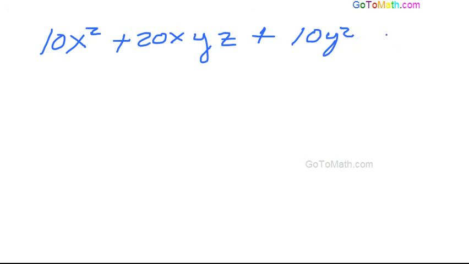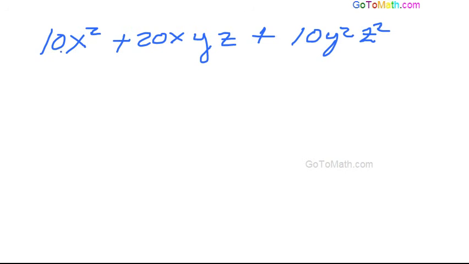So we have 10x squared plus 20xyz plus, of course these are all separate variables, right? x times y times z. Okay, thought I'd throw that in there. And then 10y squared z squared.